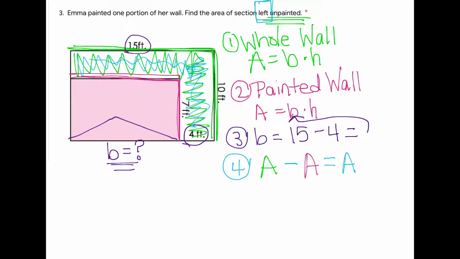Left means subtraction. That's that keyword, subtraction. All right. So, it's a lot of steps there. Hopefully you can follow that.